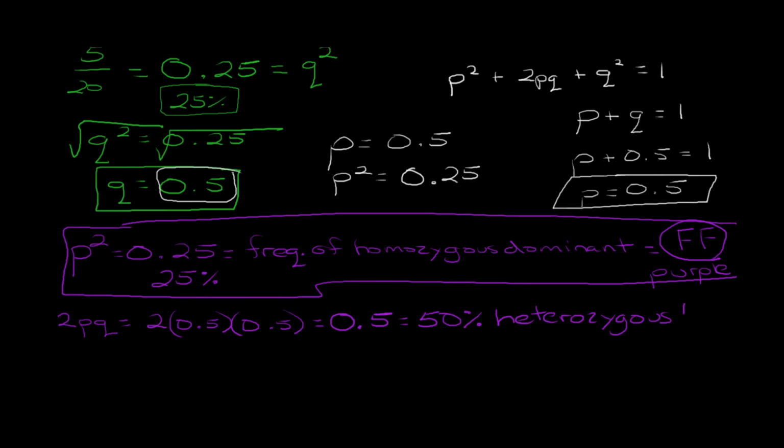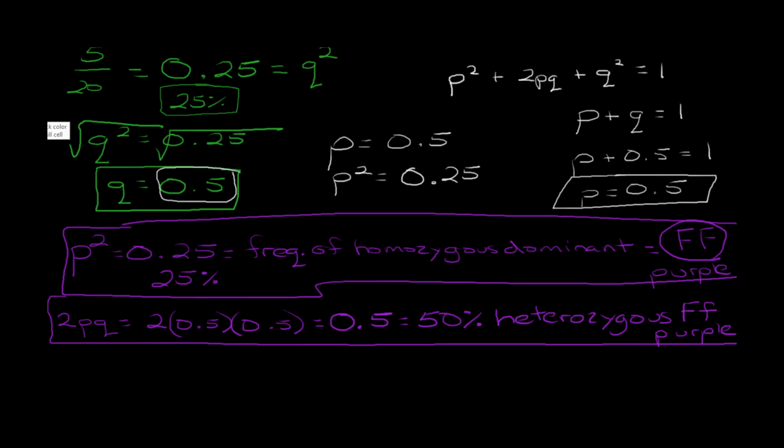And remember, heterozygous individuals have one dominant allele and one recessive allele. But also, they're going to be what color? Purple. So here's my second bit of information from Hardy-Weinberg. And then the third part we already talked about at the beginning, but we're going to put it down here again just to keep everything in one place.